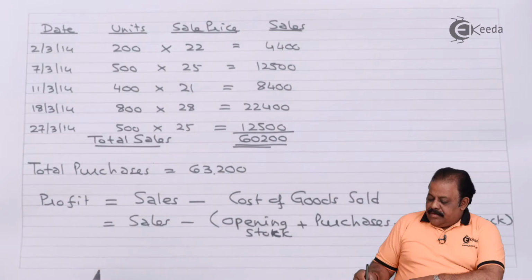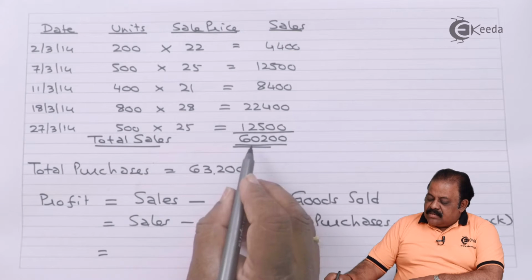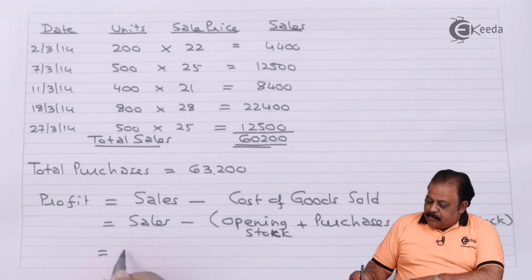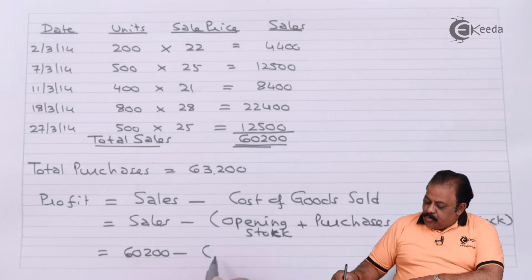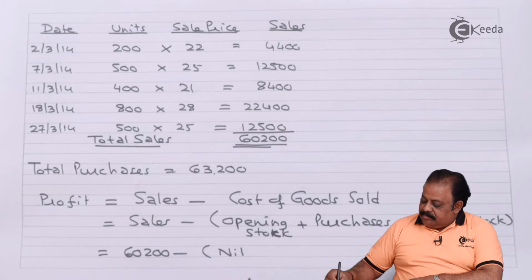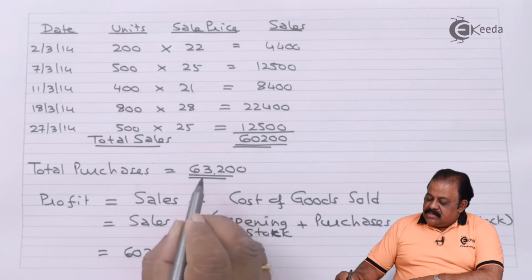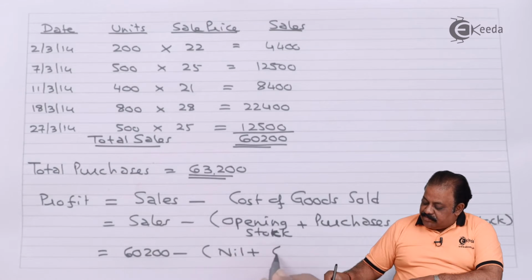Here we have sales 60,200 minus opening stock is not given, so it is nil, plus purchases we have calculated 63,200.